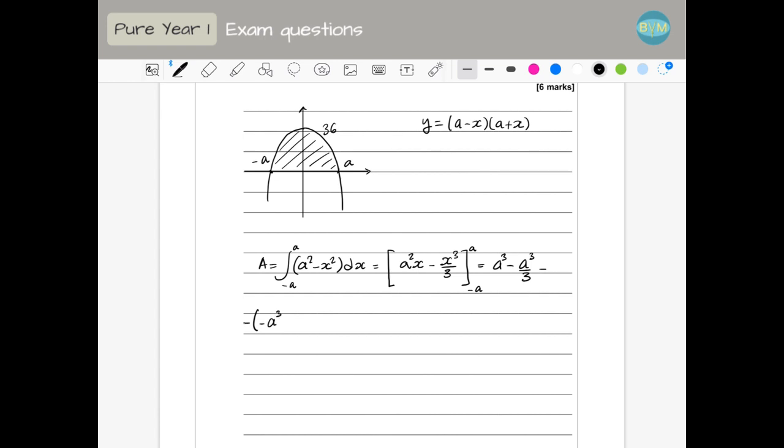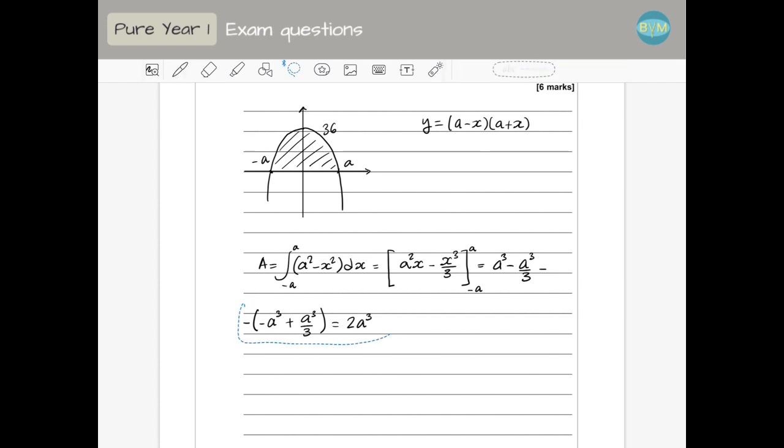So this has a minus at the front, and minus a cubed with this minus at the front becomes a plus. So plus a cubed divided by 3. So we have a cubed minus minus a cubed, which is 2a cubed.